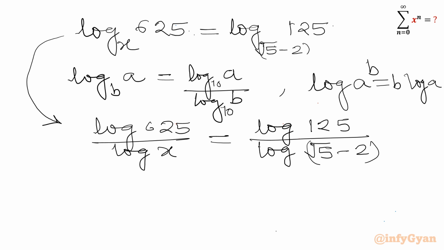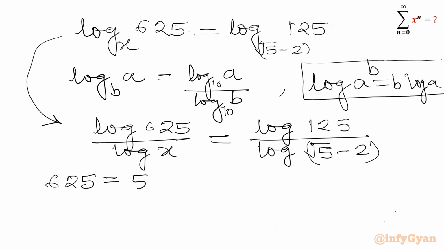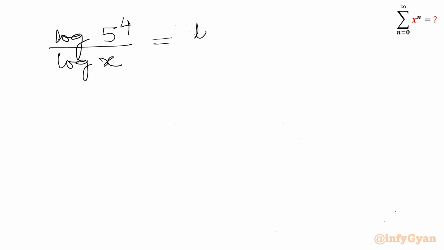Now I can use this property of log. 625 is equal to 5 power 4, and 125 is 5 power 3, 5 cube. So I can write my equation as log 5 power 4 over log x equal to log 5 cube over log root 5 minus 2.